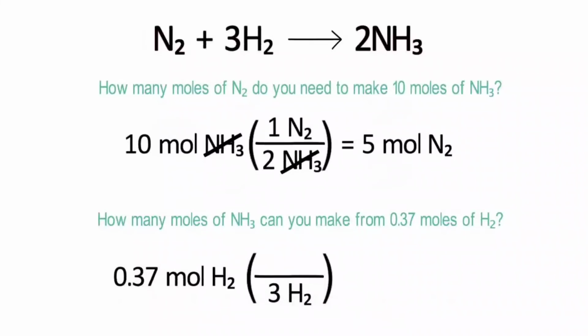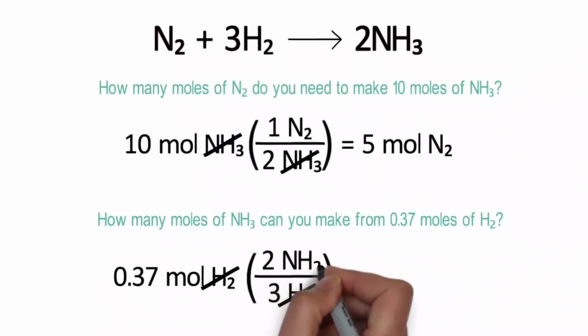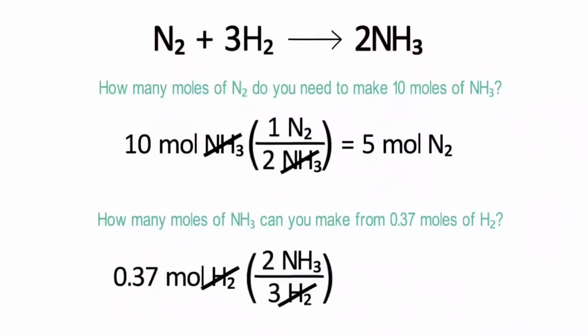Next, write a fraction and put 3H2 on the bottom. The 3H2 comes from the balanced reaction and the hydrogens cancel each other out. Then because we are solving for ammonia, put 2NH3 on the top. The 2NH3 also comes from the balanced reaction.